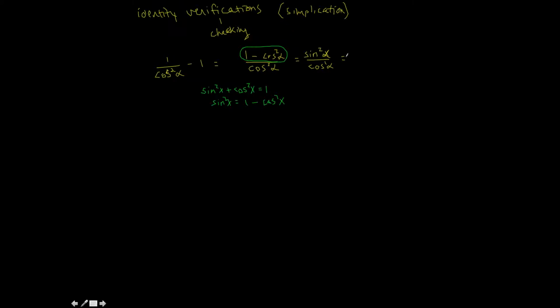Well, hopefully it's clicking right now. That's tangent. Well, since this is sine squared over cosine squared, that's the same thing as tangent squared. Okay? And that's our final answer. We've simplified it as far down as we possibly can.